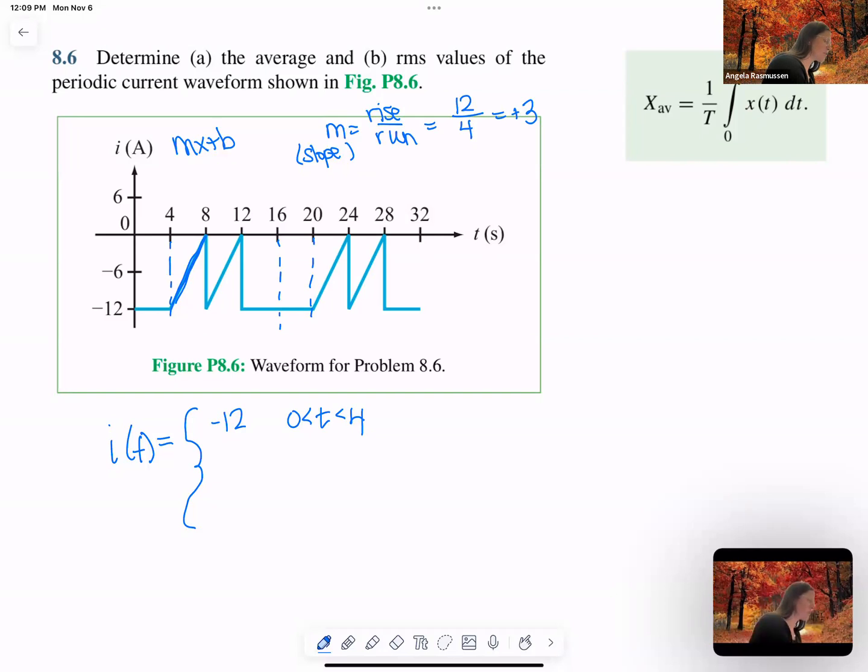And then how do I know where it intersects the y-axis? It would be an extrapolation over there. How do I know what that value is?